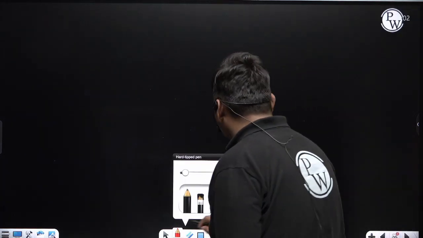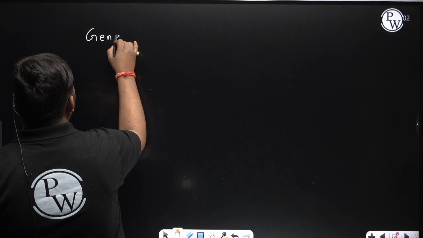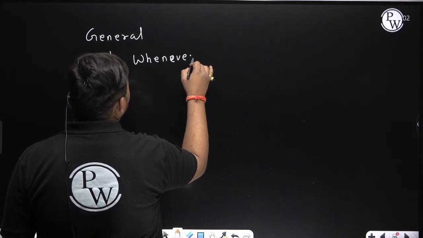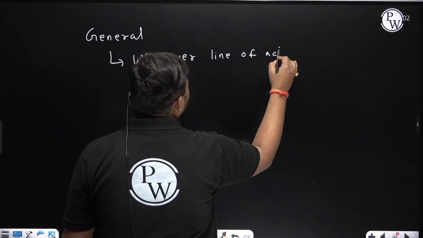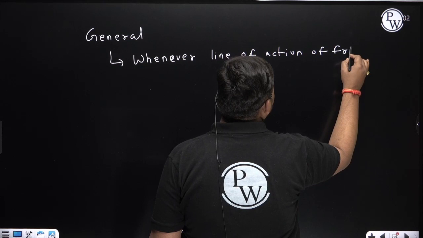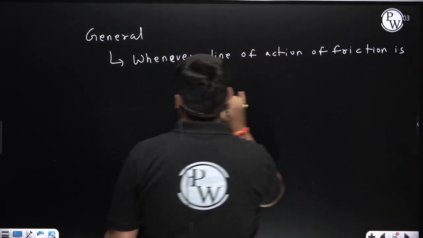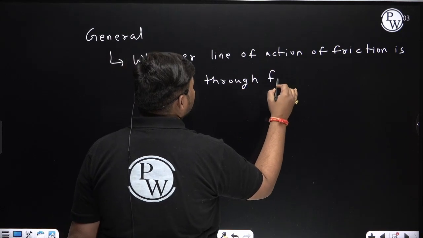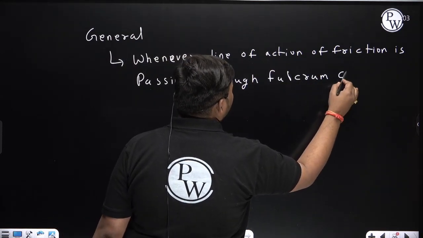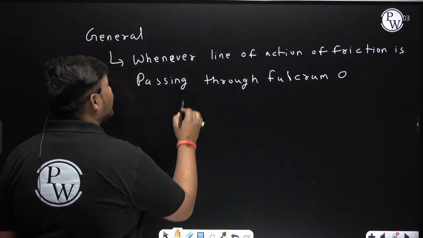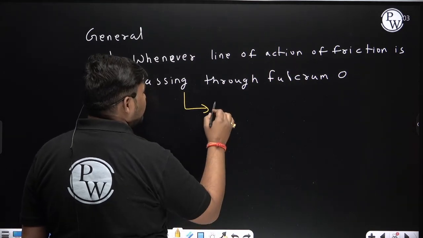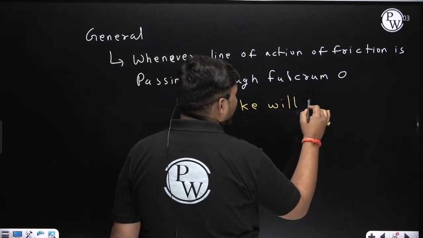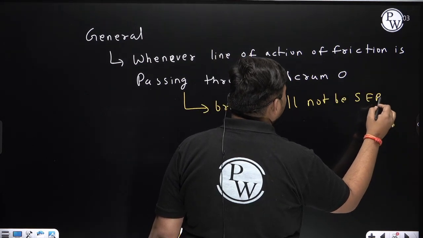This is the general conclusion: in shoe brake, we are discussing shoe brake only right now, whenever line of action of friction is passing through fulcrum O, that brake will not be a self-energizing brake, whether drum is rotating clockwise or anti-clockwise.